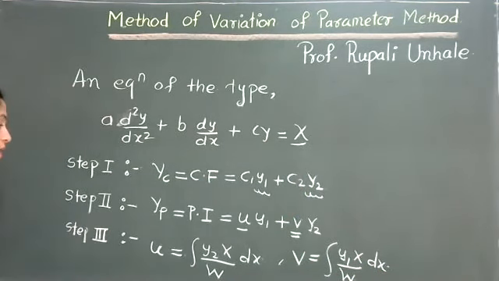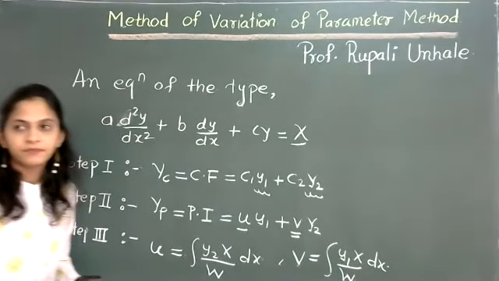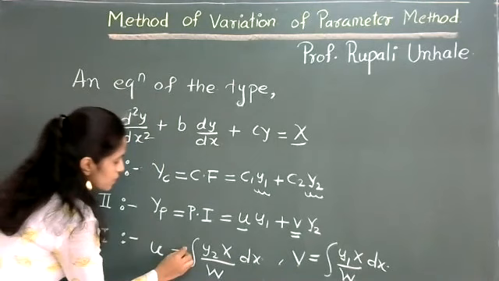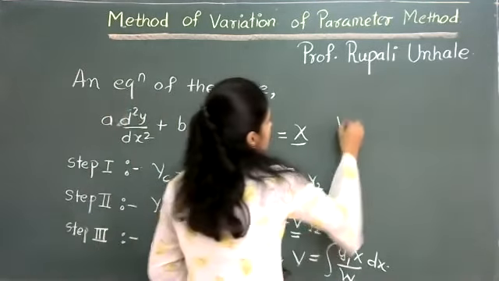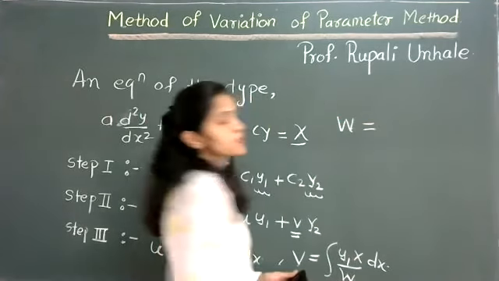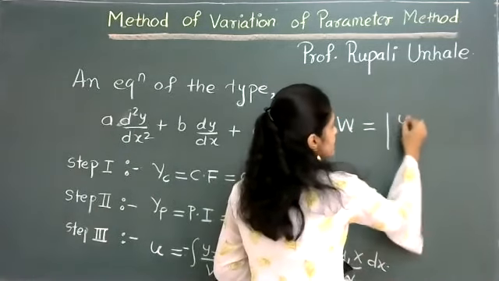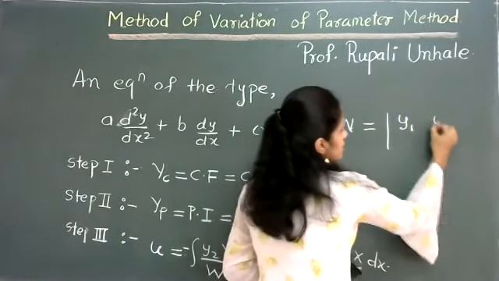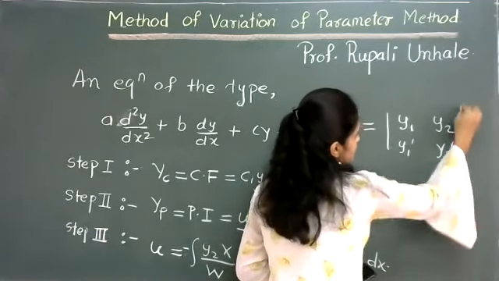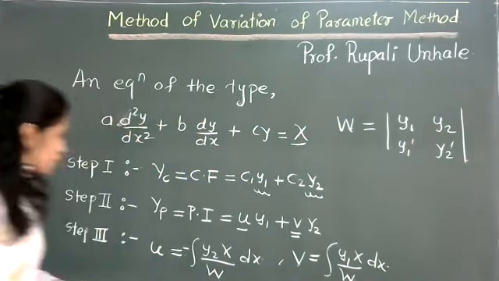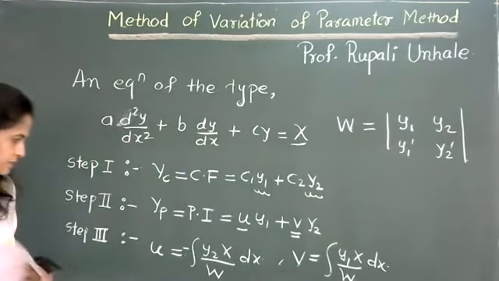Using these two formulae, you can easily find u and v. Again we require W also. This W is called the Wronskian, and you can calculate it as the determinant of y1, y2, y1 dash, y2 dash.